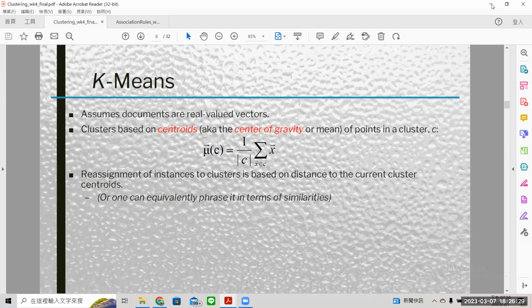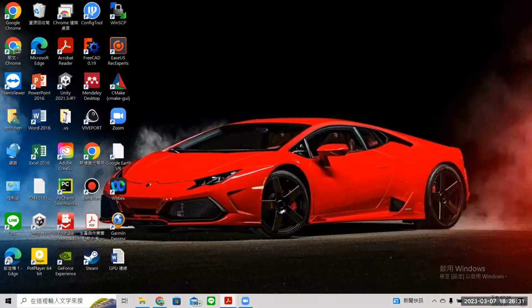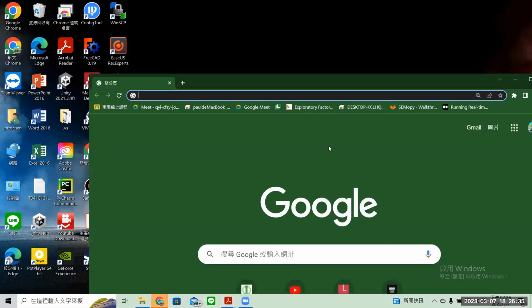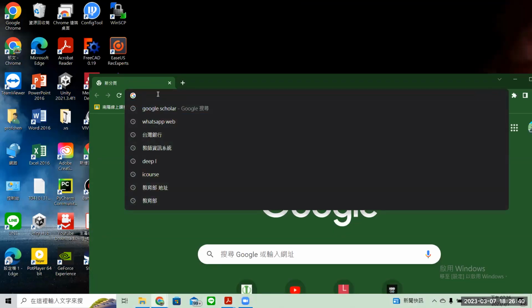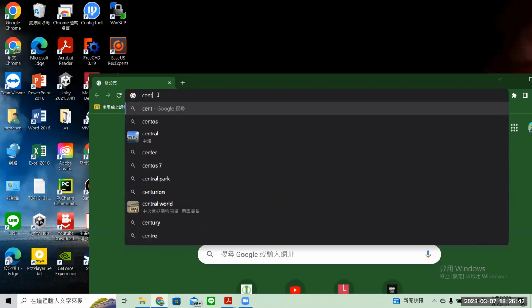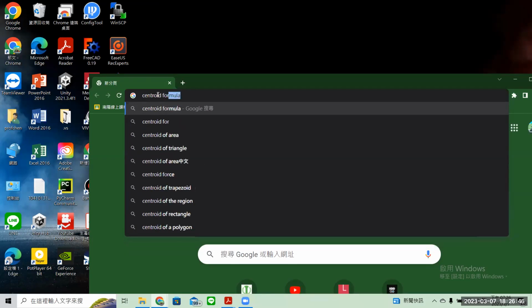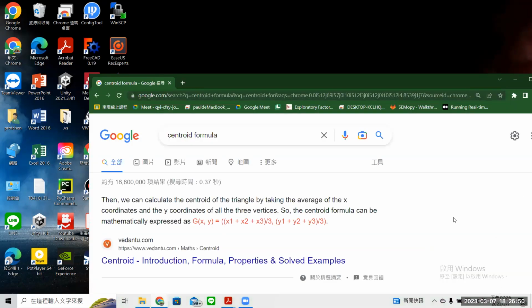Just a moment, because it's a very basic concept in geometry. Okay, the centroid formula, just like this.